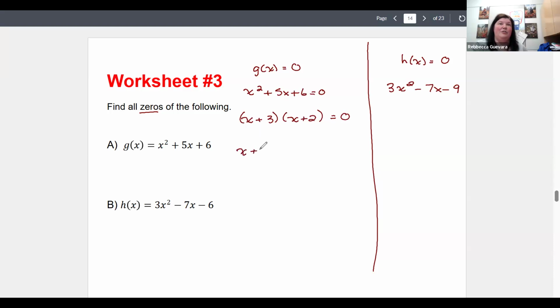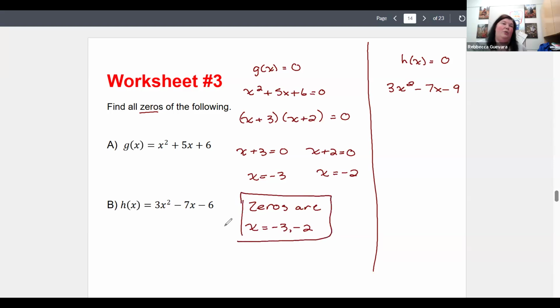So either x plus 3 equals 0, or x plus 2 equals 0. So x is either equal to negative 3 or negative 2. So my zeros are x equals negative 3 and negative 2.